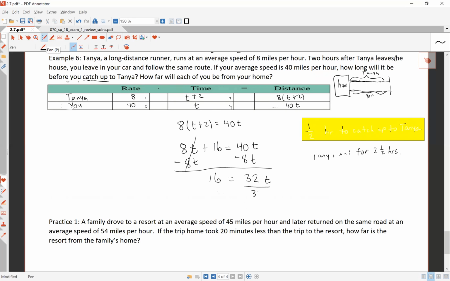But now we want to know how far will each of us be from your home. And here's one way to check that this is correct. Tanya runs for 8 miles an hour times 2.5 hours, and we run for 1/2 hour at 40 miles an hour.